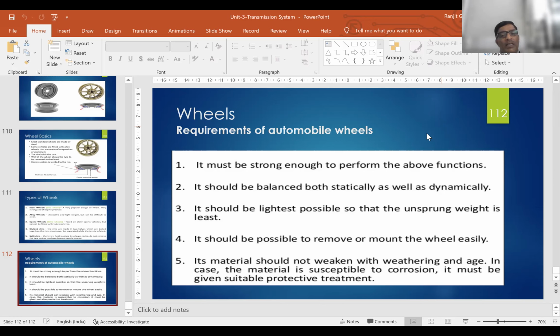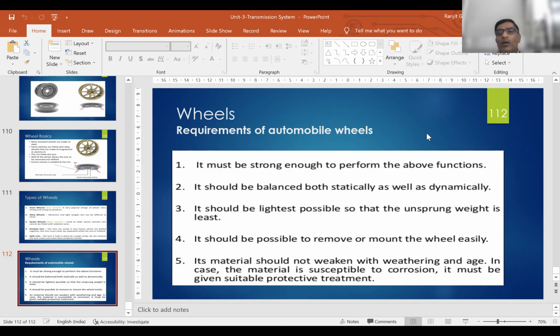Then the steering gear, which is required to convert rotary motion into to and fro motion of the other link. And the steering linkage, which is required to provide the driver's action to steer the wheels. So the various components which are used to pivot or steer the vehicle, we are going to call steering linkages.